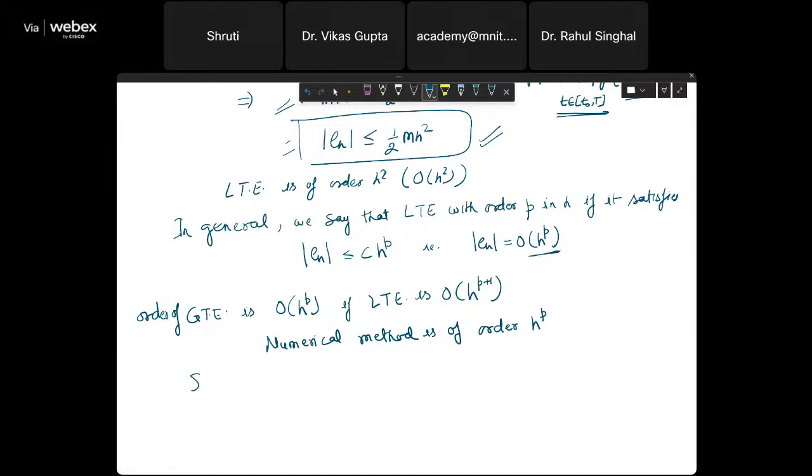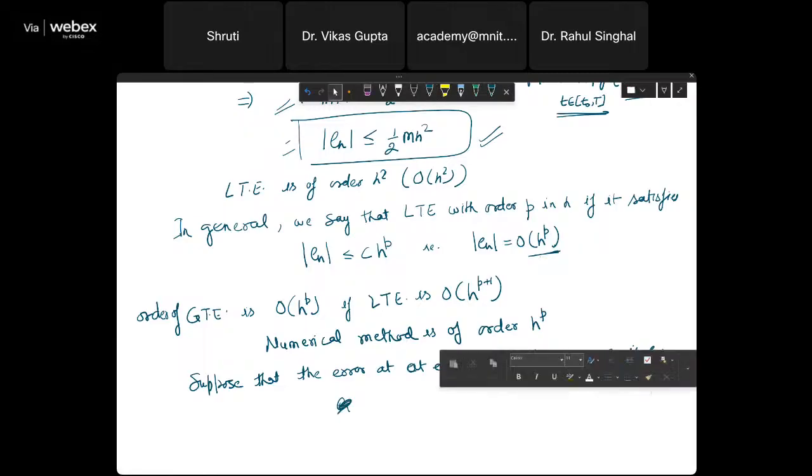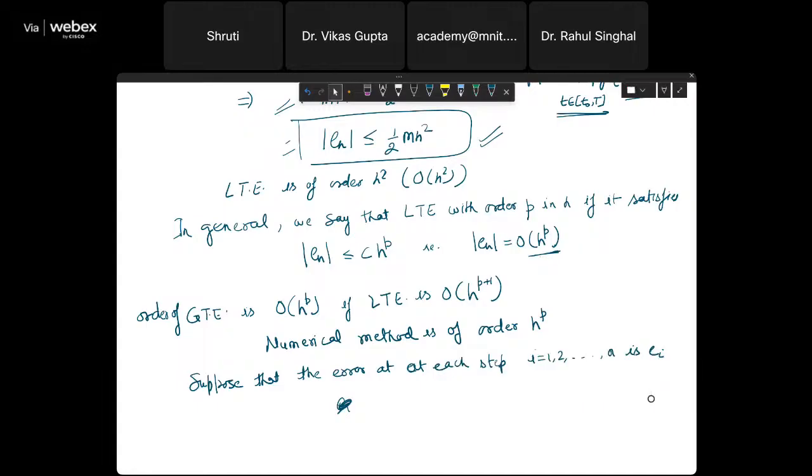Suppose the error occurred at each step, say we have a number of steps involved in this numerical method, which we denote by E_i for all i. Basically, this is the local truncation error. For all n steps it will accumulate and give us the global truncation error.